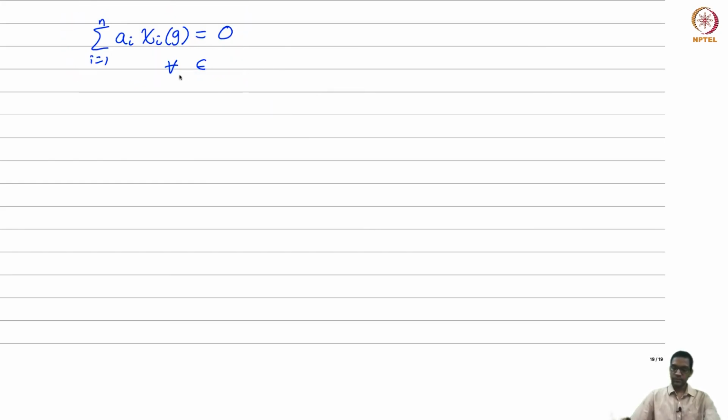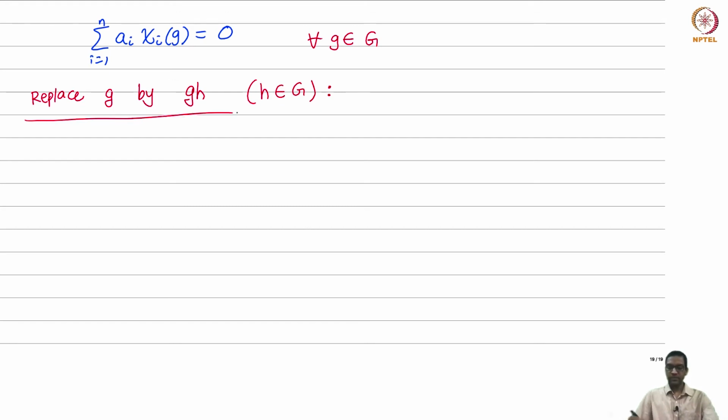This is true for all G in the group. So in particular, it's true if I replace G by the element GH. H is some element of the group, I don't care. Pick any element, replace G by the element GH.